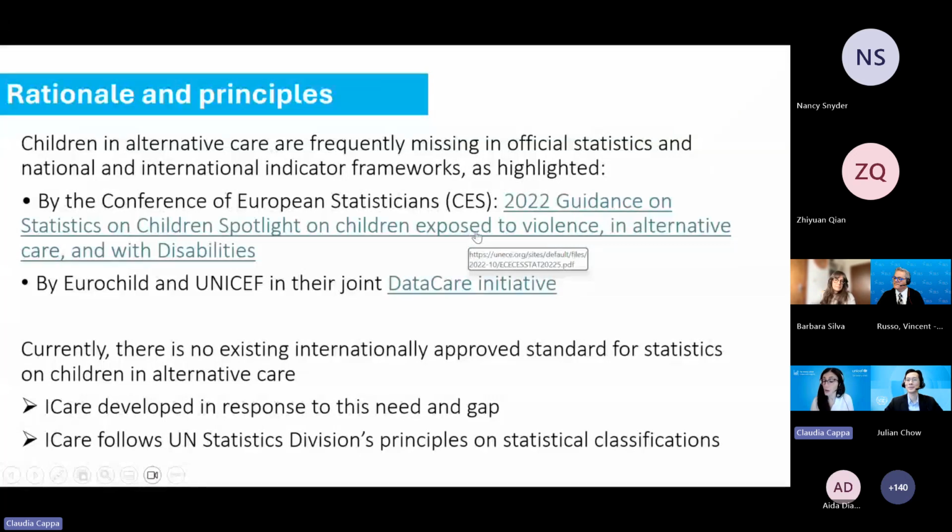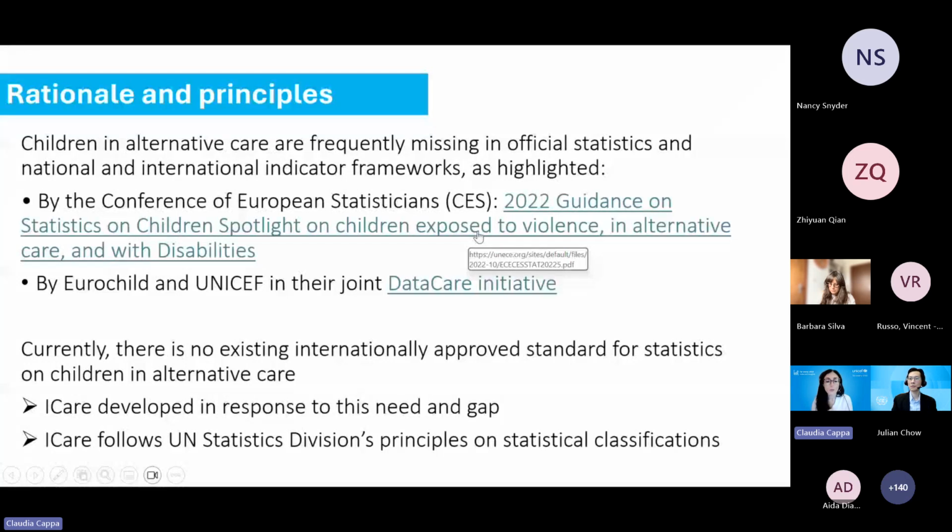Starting with the rationale. As we know, children in alternative care are frequently missing in official statistics. And this is for a number of reasons that were highlighted in a number of documents that were really critical to set the mandate for UNICEF to do this classification. First, the Conference of European Statisticians back in 2022, in the guidance note that was issued on children's statistics, clearly highlighted the need to have operational definitions that can assist countries in the collection of data on children in alternative care.